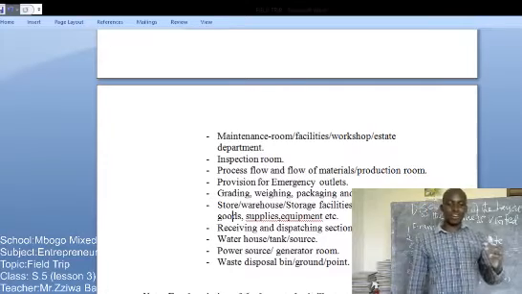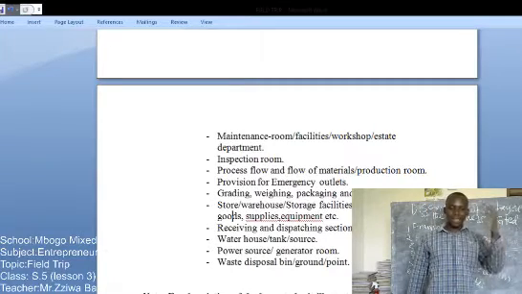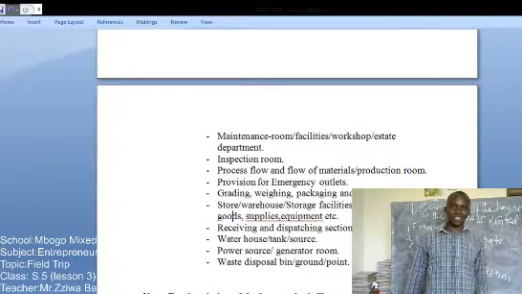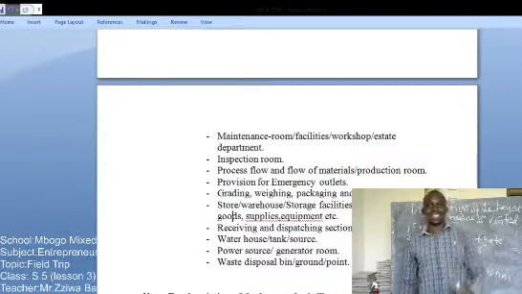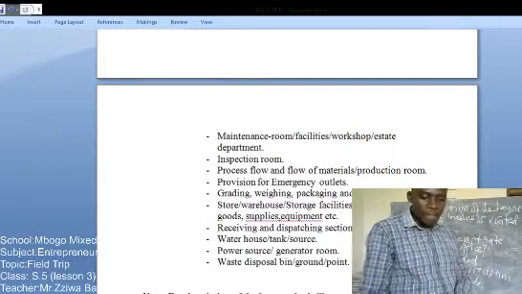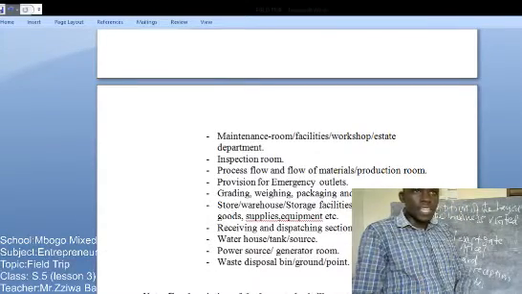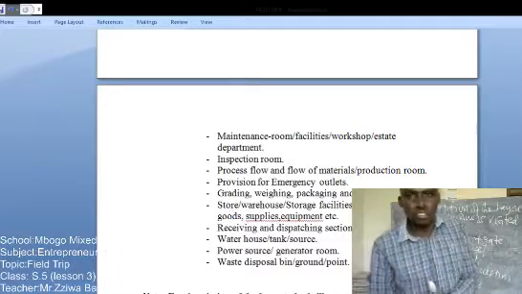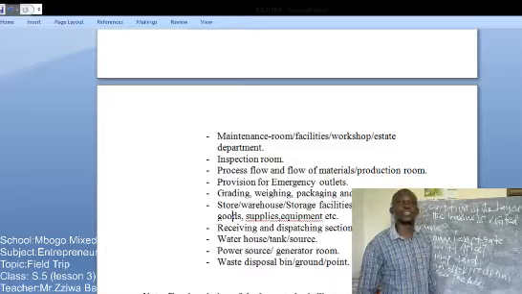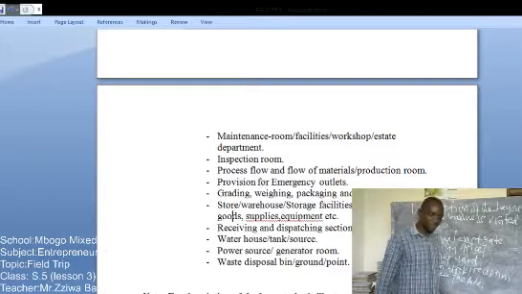That is where we have got water and power source. Utilities are the services needed to support your business. For example, water, generator or power source. And finally, waste disposal ground or point.